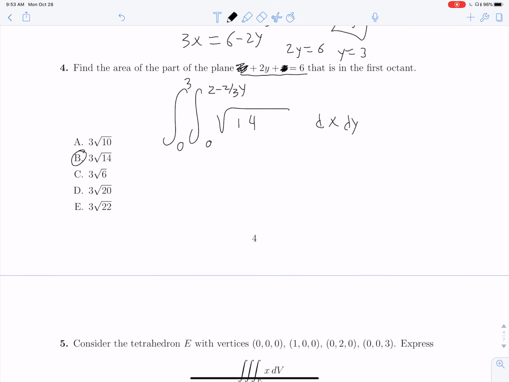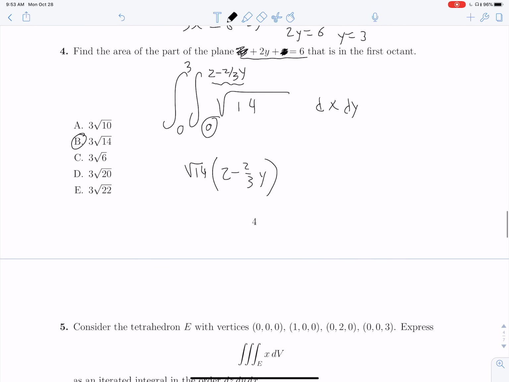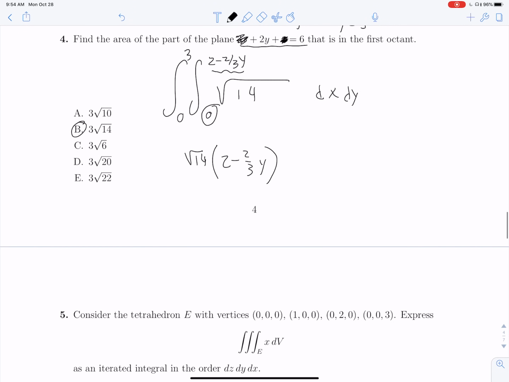Okay, we can solve this. We have no x's in here, so because our lower bound is 0, we're just going to end up multiplying by this guy. So root 14 times 2 minus 2/3 y, and taking this integral with respect to y, we get root 14 times 2y minus 2/6, which is just 1/3 y squared, from 0 to 3.